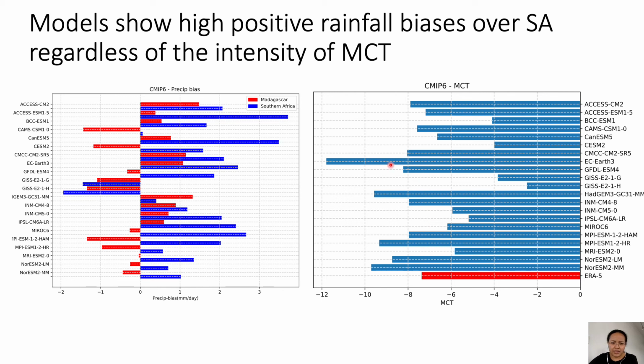So let's take an example here, EC-Earth. EC-Earth has a very strong MCT, but it still has a positive bias over Southern Africa and a positive bias over Madagascar. So the link between MCT and the rainfall bias isn't really represented here in the models.